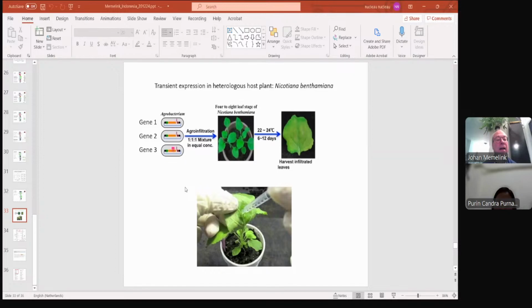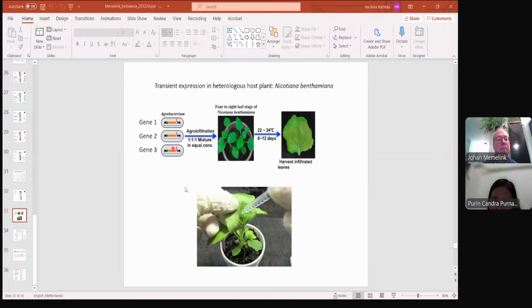I have the impression that the answer is the talk that I just gave, or am I wrong? So the co-expression analysis was very important for identifying candidates. And this co-infiltration, this agro-infiltration method, was very important for testing the candidates.